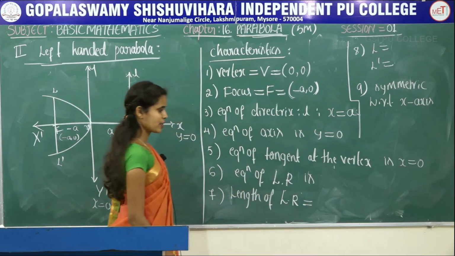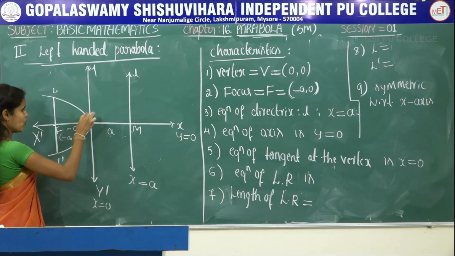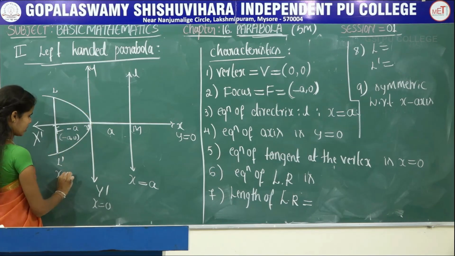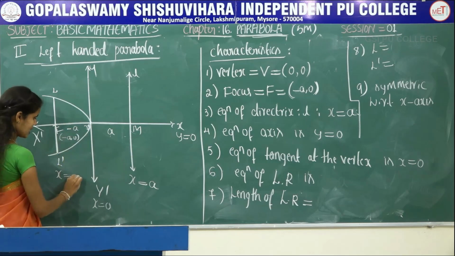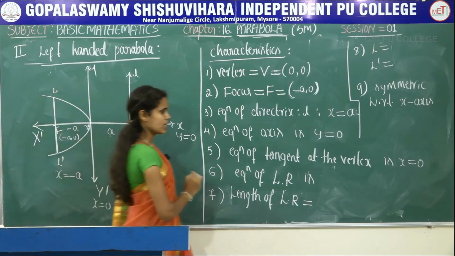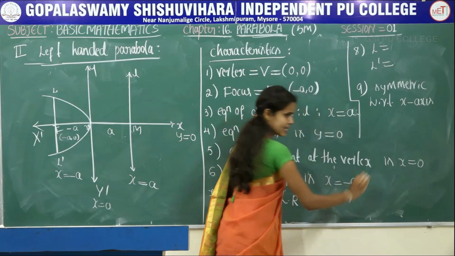Next, equation of latus rectum. Parallel to y-axis, therefore x is equal to the constant distance from the y-axis, which is minus a. Therefore equation of latus rectum is x is equal to minus a.